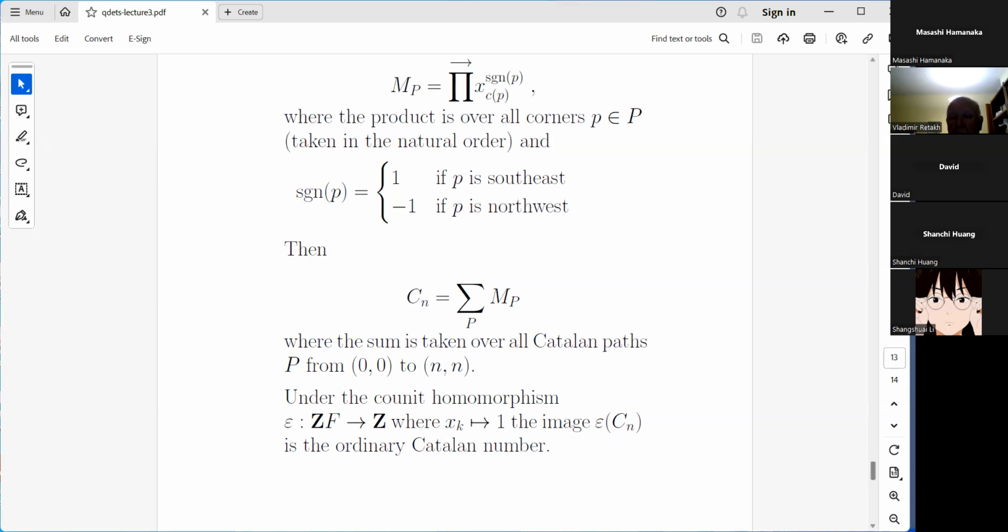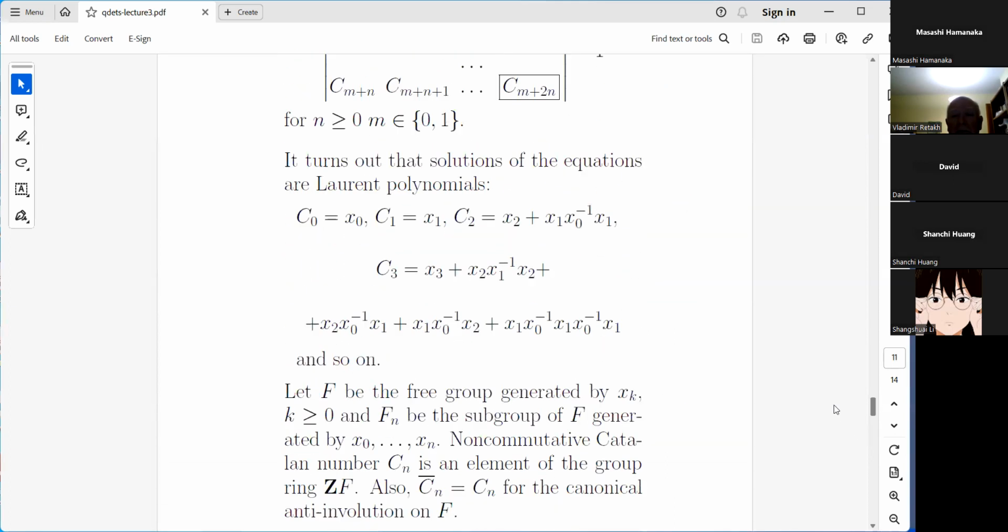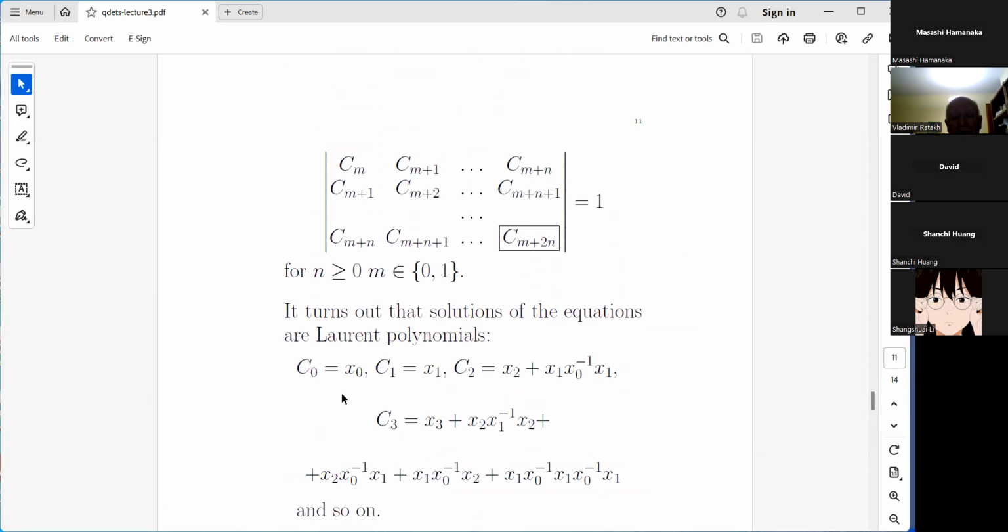Okay, let me maybe clarify a little bit what I said. So let's look at these examples. So C naught, x naught: I cannot move, I have just one point, so I put x naught. x1 means that I have just a square of size 1, so I go to the left and up, and I have exactly a southeast corner.